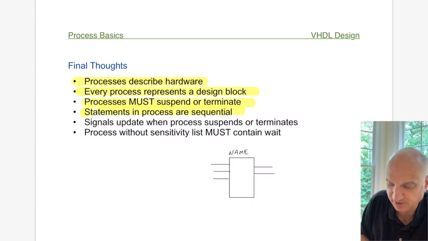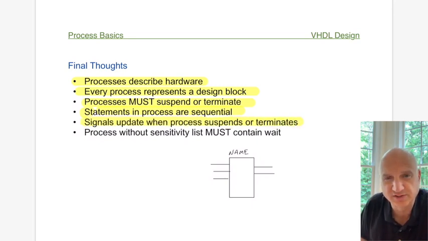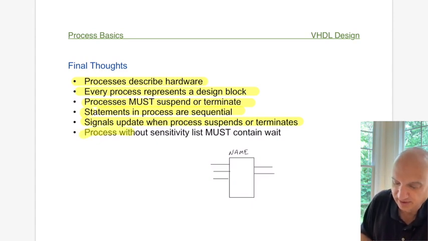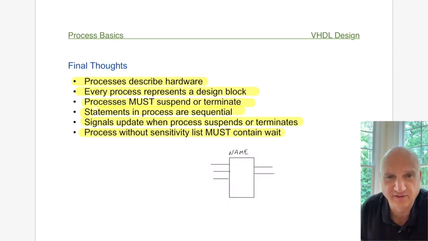Statements in a process are sequential. That's obvious. We talked about that at length. And signals update when the process suspends or terminates. Processes without a sensitivity list must contain a wait statement. We've talked about two types of processes up to this point.